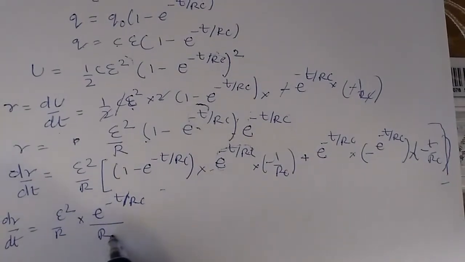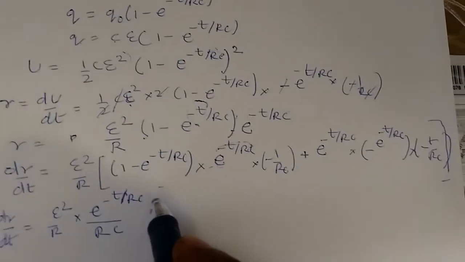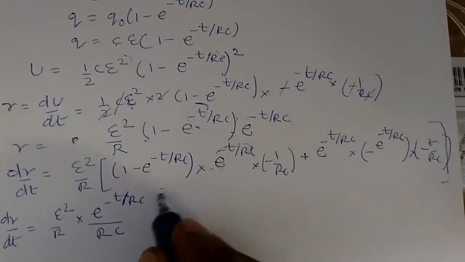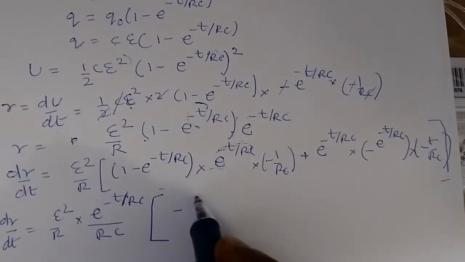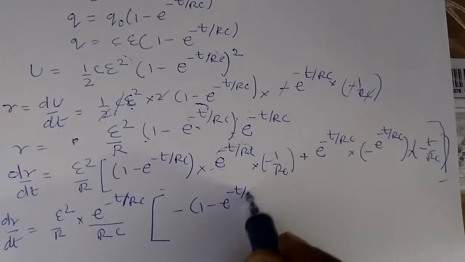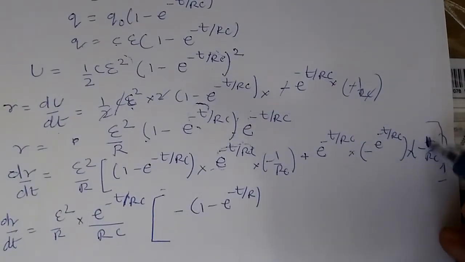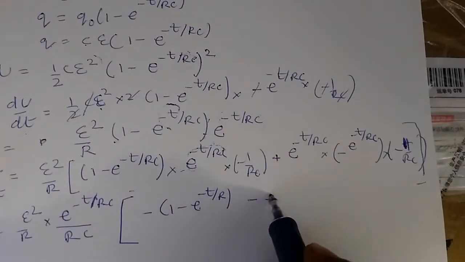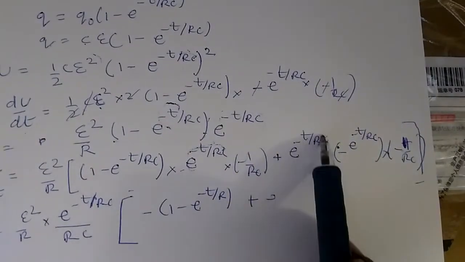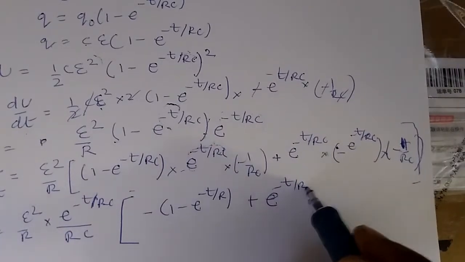Divided by RC, multiplied by, inside, RC is gone, this is minus 1 minus e to the power minus t by RC, and this is minus minus plus, there is no t here, this is just 1 here. This is minus e plus, minus minus becomes plus, one of the e to the power t by RC and RC are gone, so we have e to the power minus t by RC.